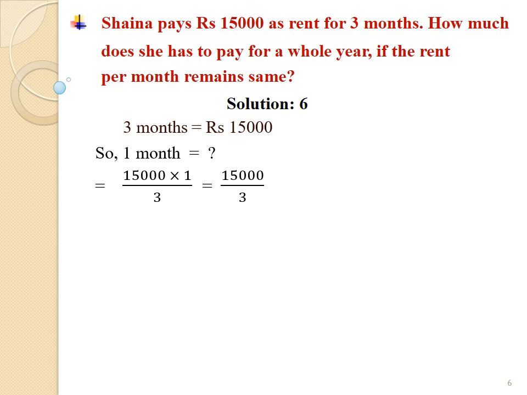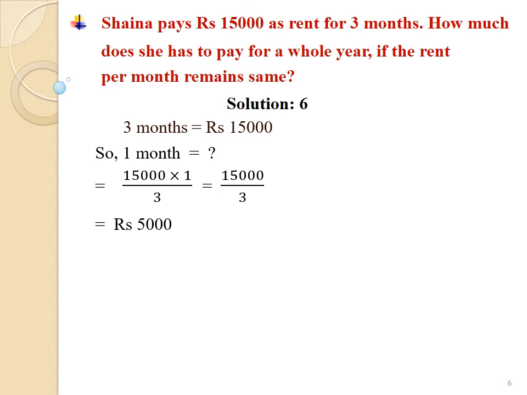Now, dividing 15,000 by 3, we get 5,000. Thus, rent paid by Shaina for 1 month is rupees 5,000.